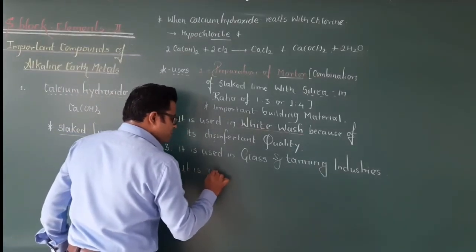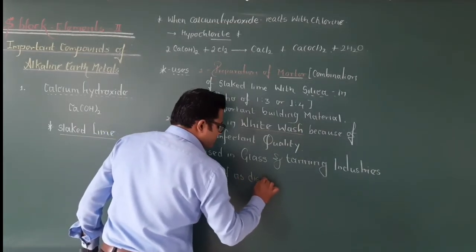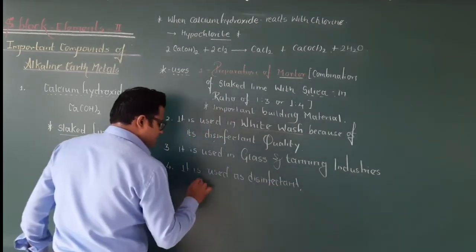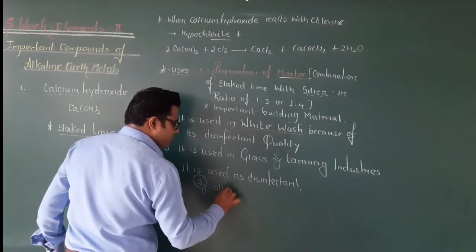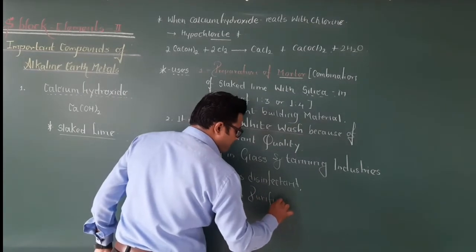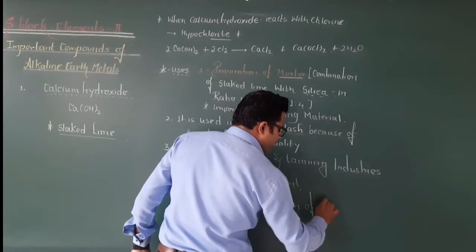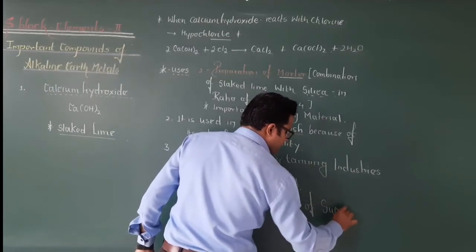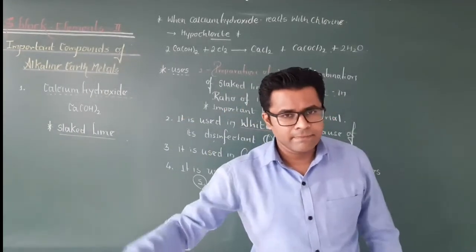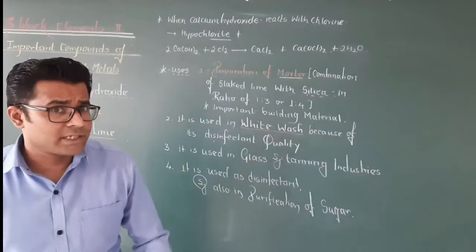It is used as disinfectant and also in purification of sugar. So these are the uses of the slaked lime. Okay, so we have the 4 uses. You can expect this particular thing in your examination.